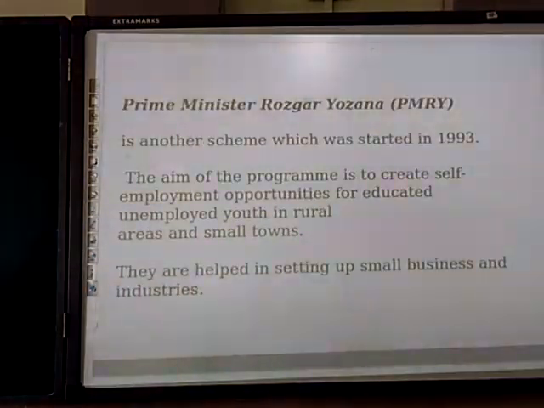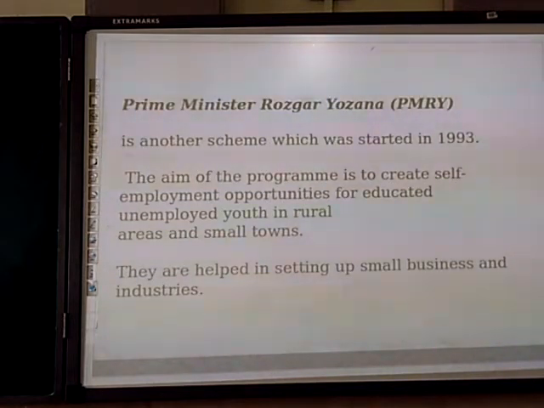Next, another scheme is there. Please see it. The name of the scheme is Prime Minister Rozgar Yojana, PMRY. The scheme was started in 1993.